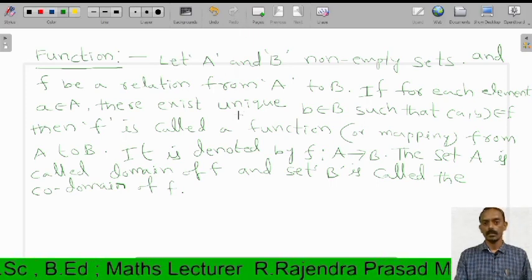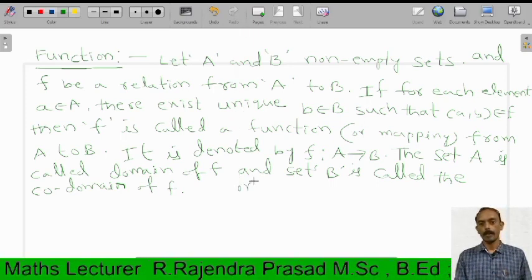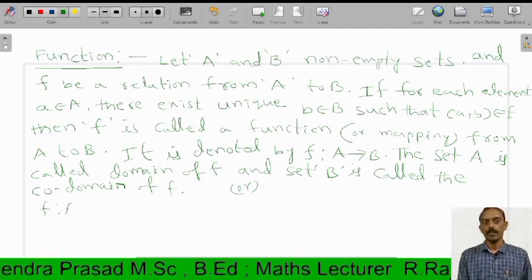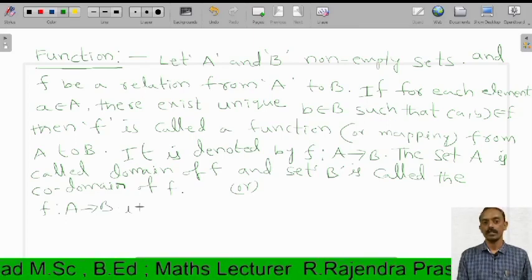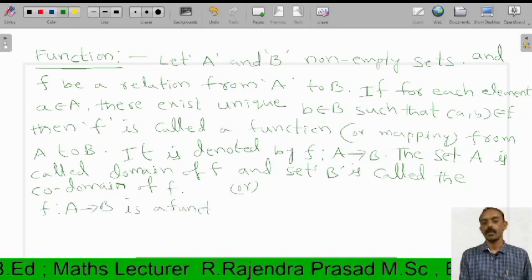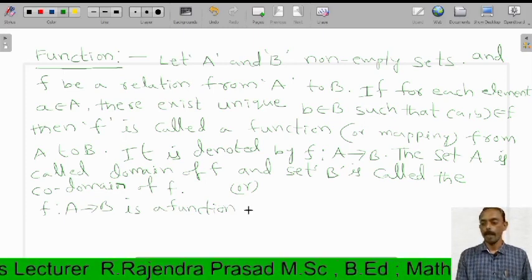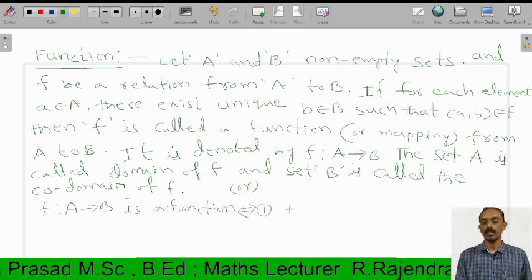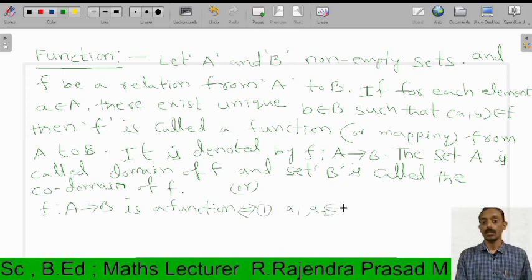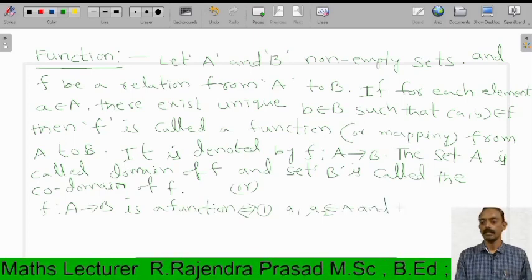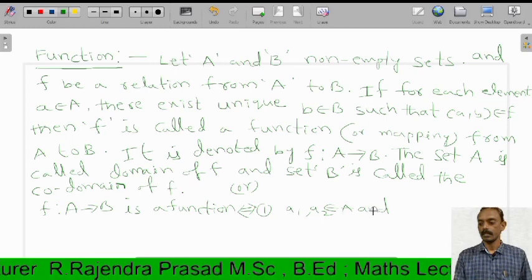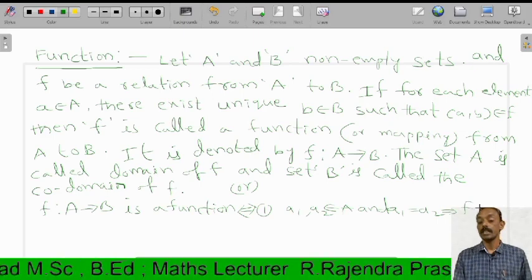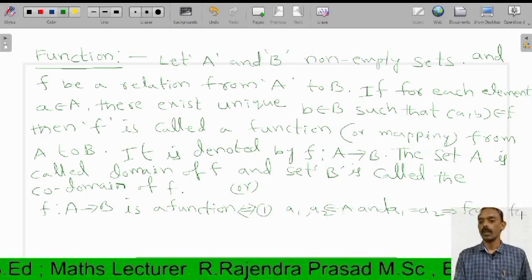Let's see the mathematical definition. f: A to B is a function if, first, a1, a2 belong to A and a1 equal to a2 implies f of a1 equal to f of a2.